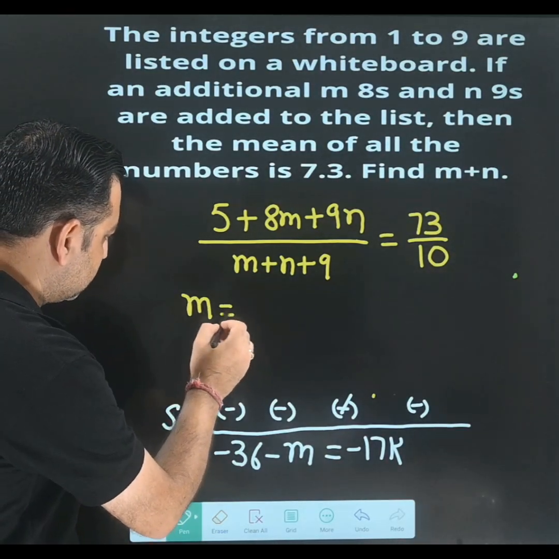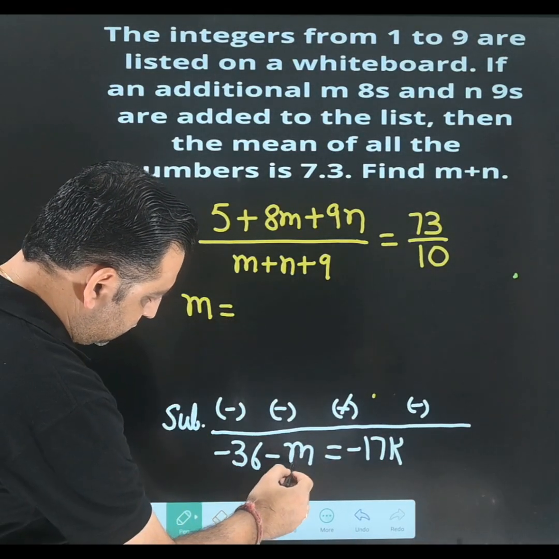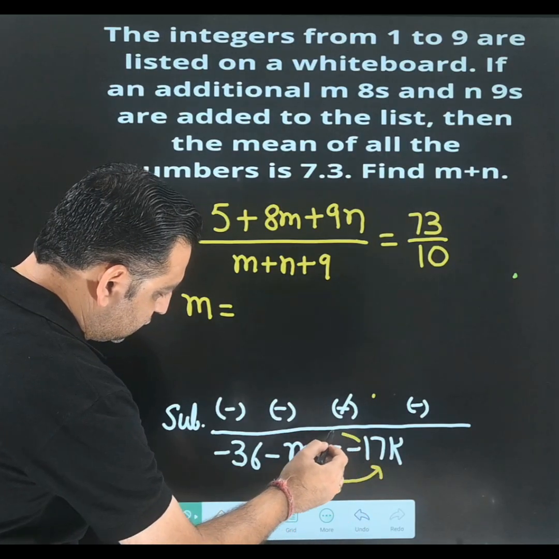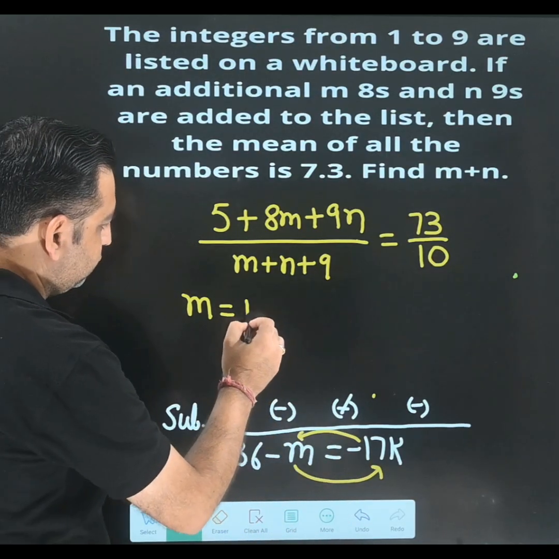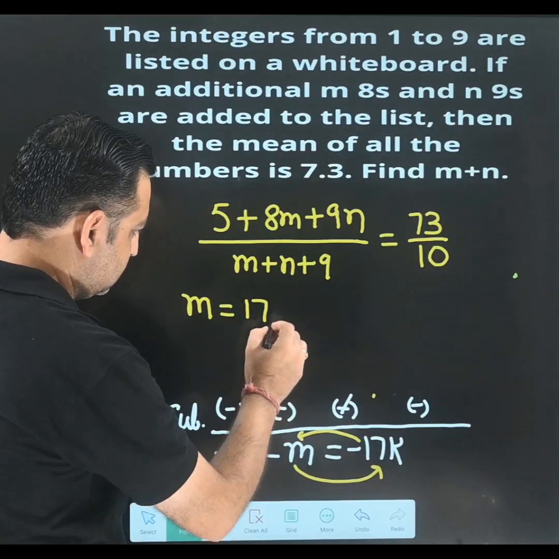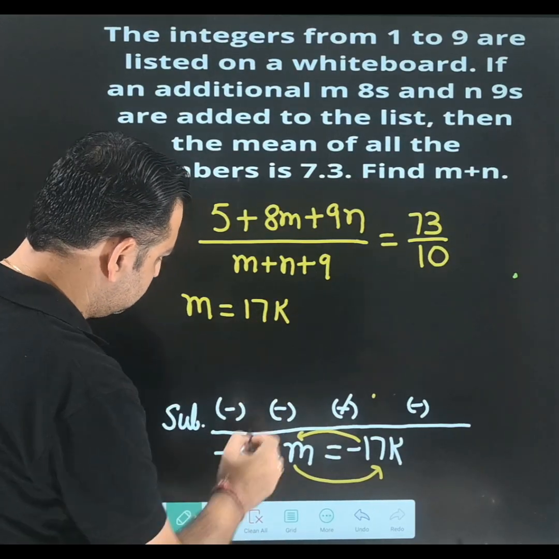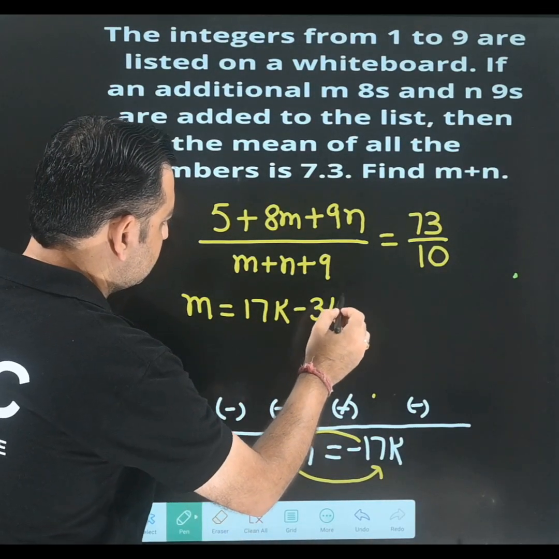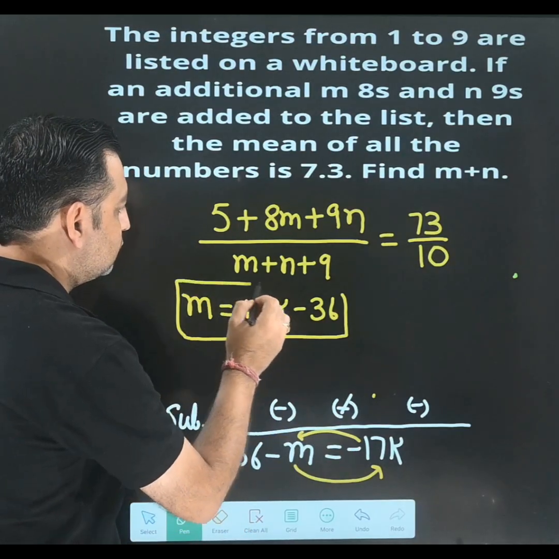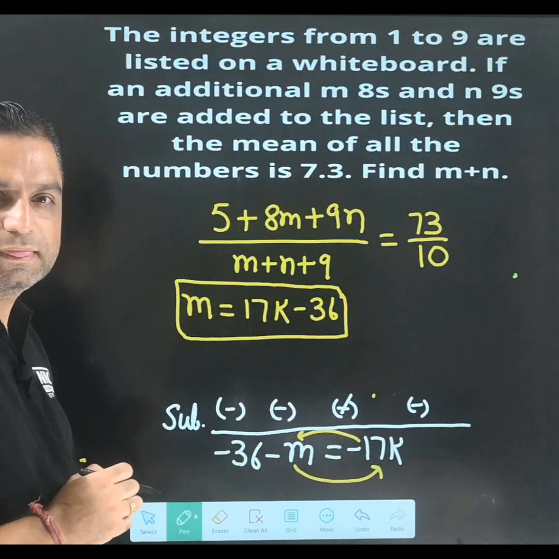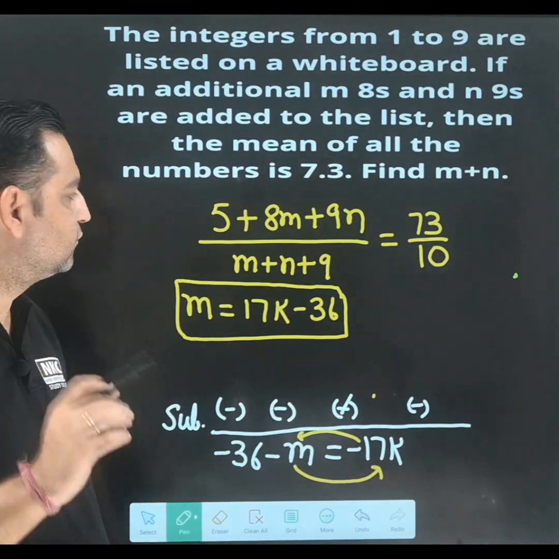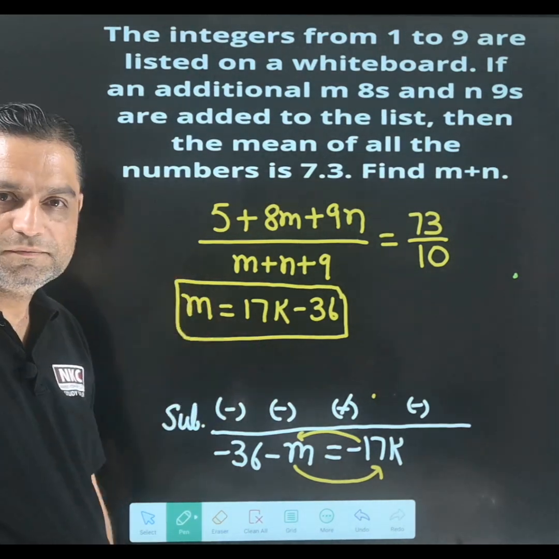Value of m will be, if m goes to the right side, it will come to the left side. So the value of m is coming as 17k minus 36. This is the one value I am keeping with me. You will find a very interesting solution. One value I have found.